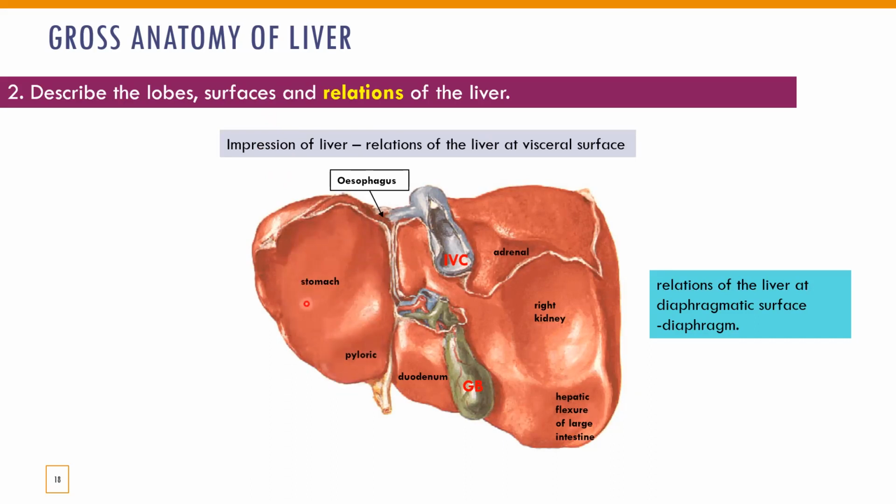So the left lobe is related to the stomach, the pyloric part of the stomach. And this area is the impression for the esophagus. And then this is the duodenum, and the right kidney with the adrenal gland on top, and then the hepatic flexure of the large intestine. The hepatic flexure is also the right colic.